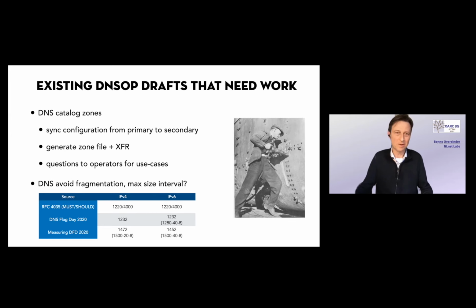It does so by transferring a list of zones administered by the primary and sent to the secondary, instead of having changes at the primary and also manual changes at the secondary, because the zones that run at the primary are not necessarily automatically changed at the secondary. With DNS catalog zones, this can be automatically kept in sync.